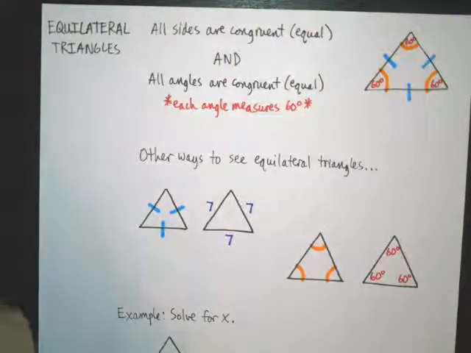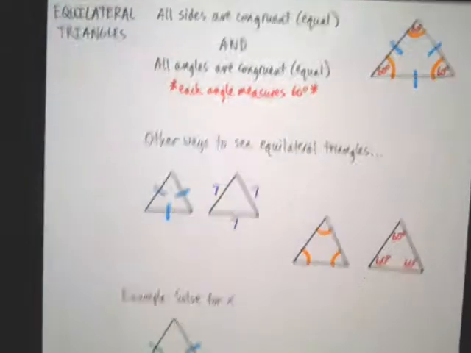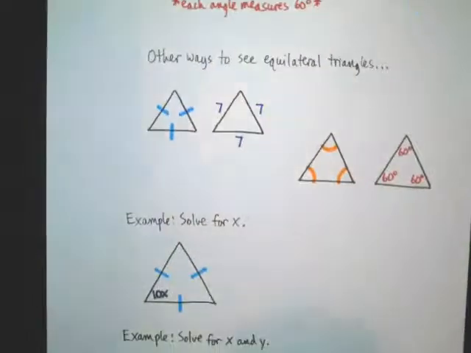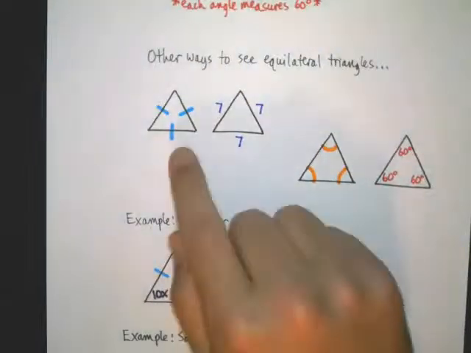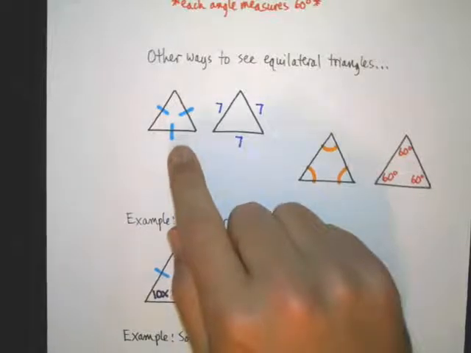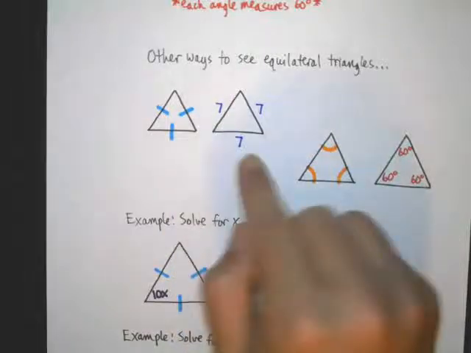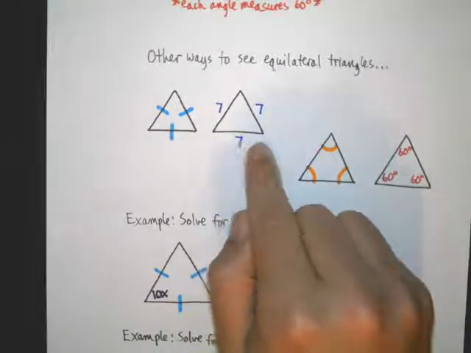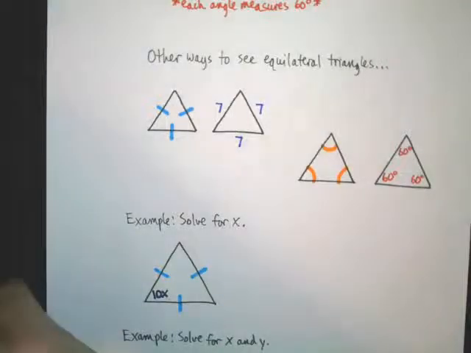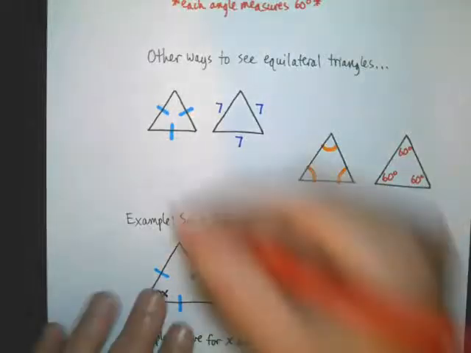There are some other ways to see equilateral triangles. For example, we could look at an equilateral triangle and just see that all sides are congruent, either because of the tick marks or because they've got equal measures. Well, in this case, we can assume that each angle measures 60 degrees.